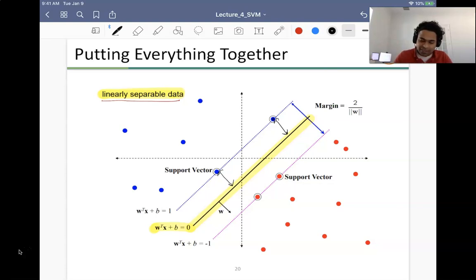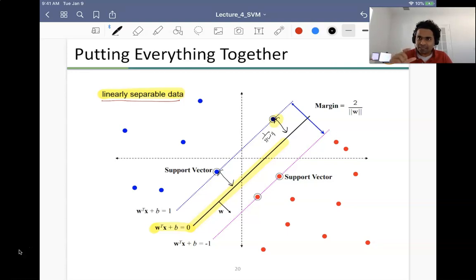This distance is 1 over the norm of W, and it is the distance between the two points.